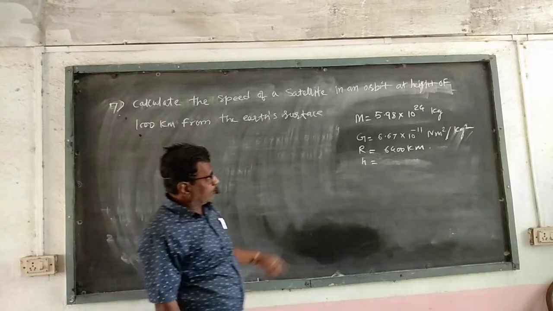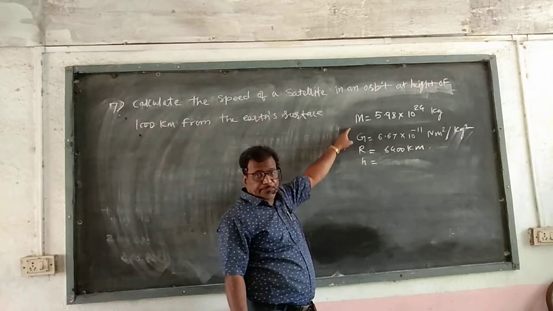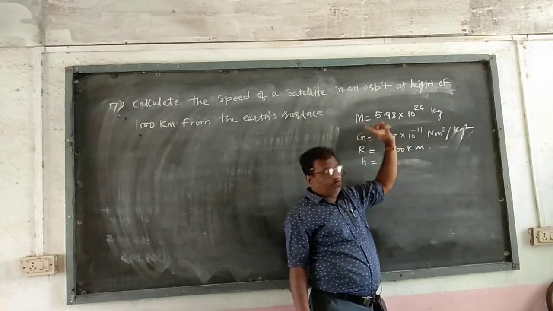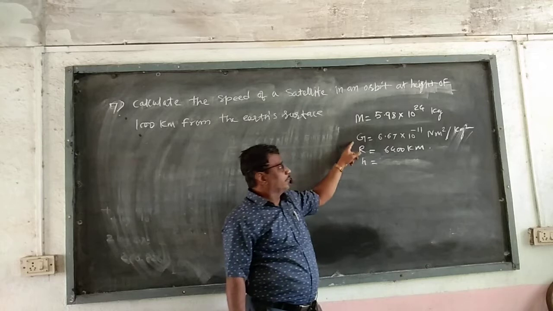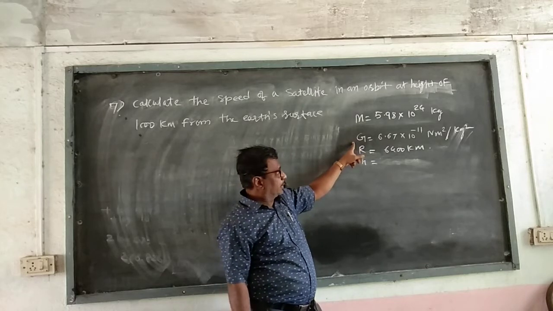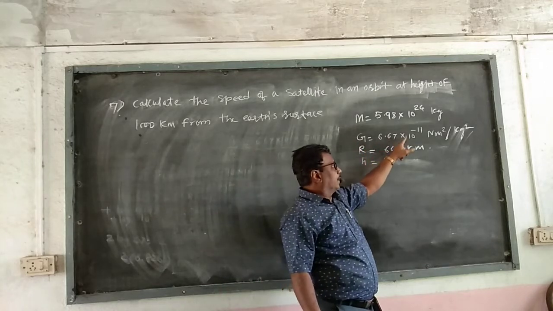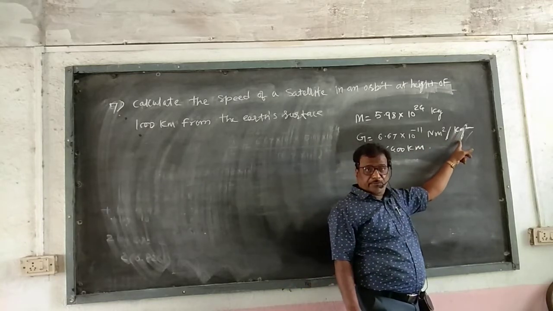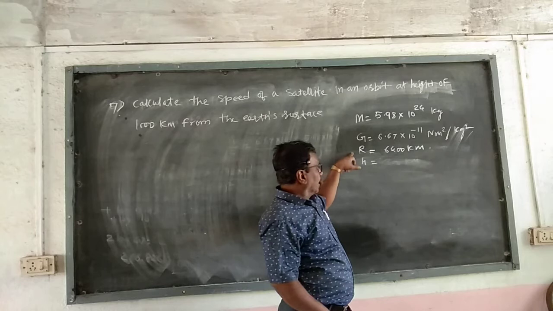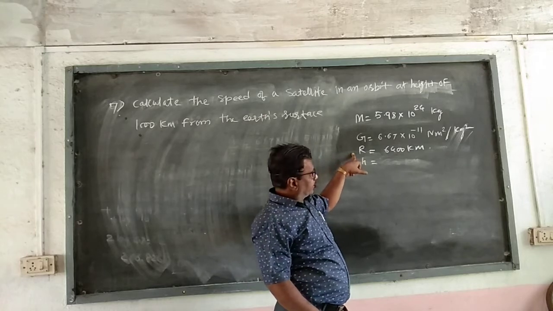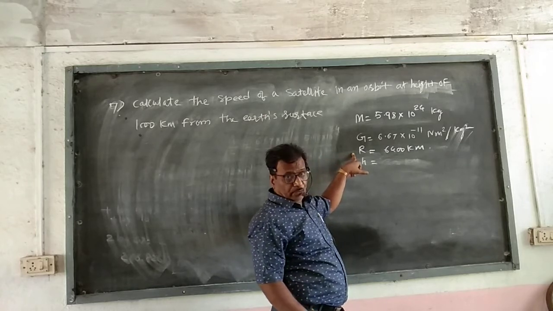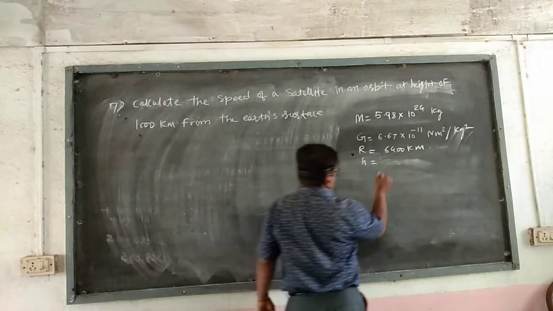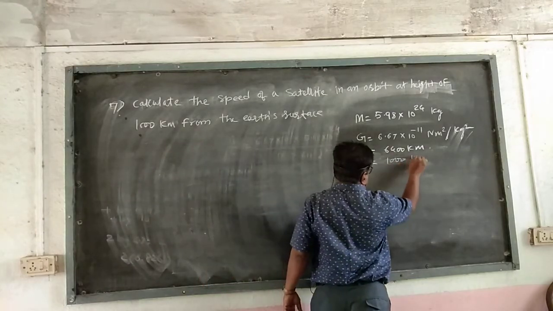Here given mass of the Earth is equal to 5.98 into 10 to the power 24 kilogram. Universal gravitational constant 6.67 into 10 to the power minus 11 Newton meter square per kilogram square. Radius of the Earth is given 6400 kilometer. Now height is given, height is equal to 1000 kilometer.